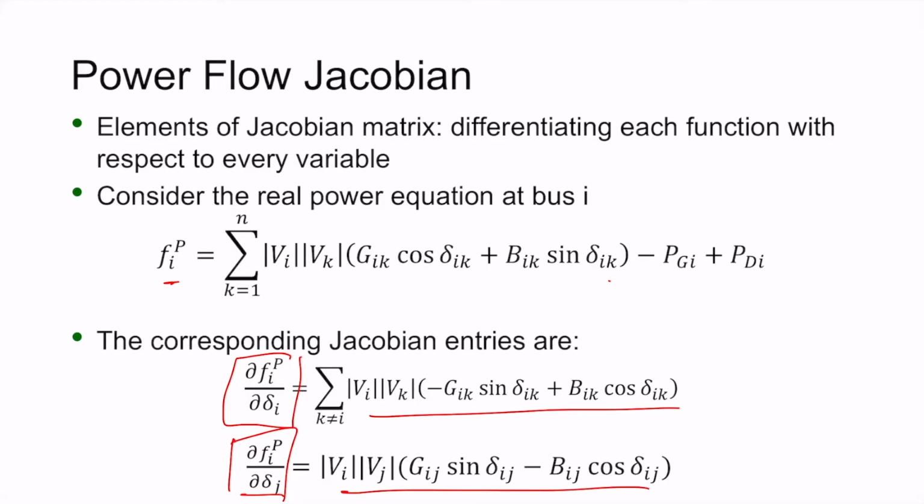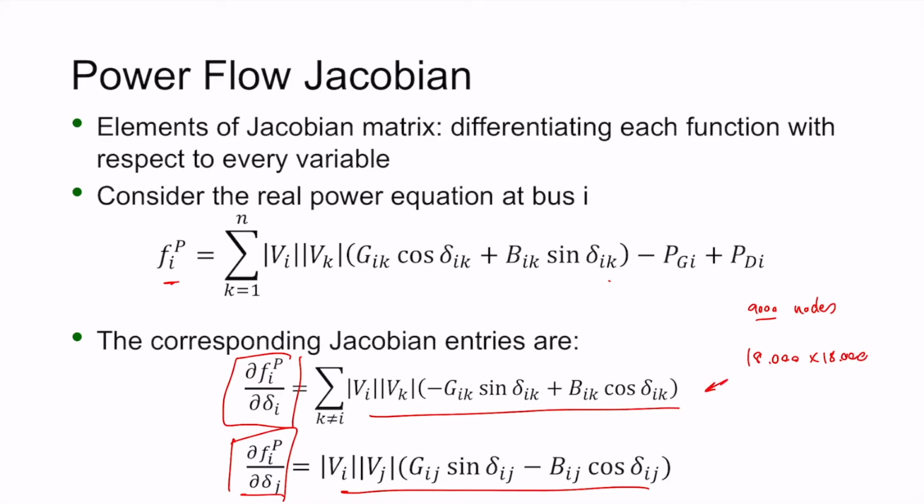So you can see this Jacobian matrix for, let's say, a system like Russia that has around 9,000 nodes. The Jacobian matrix will have 2 times 9,000, about 18,000 by 18,000 elements.